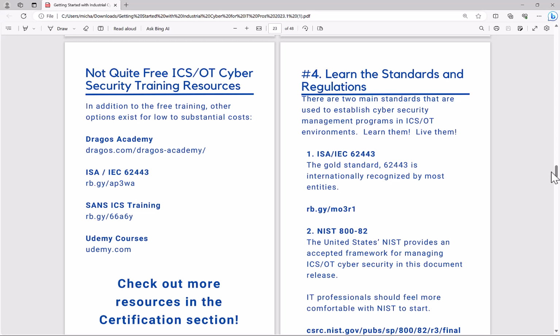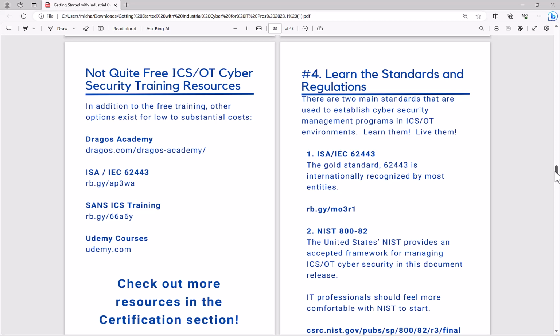So, number 4. There are two main standards to explain how to do cybersecurity in control system environments, or how to build a cybersecurity management program for ICS OT. There's ISA 62443, which is really the gold standard that most people look to.